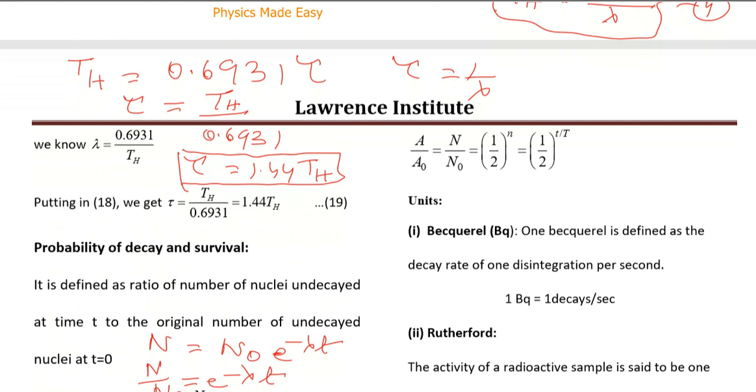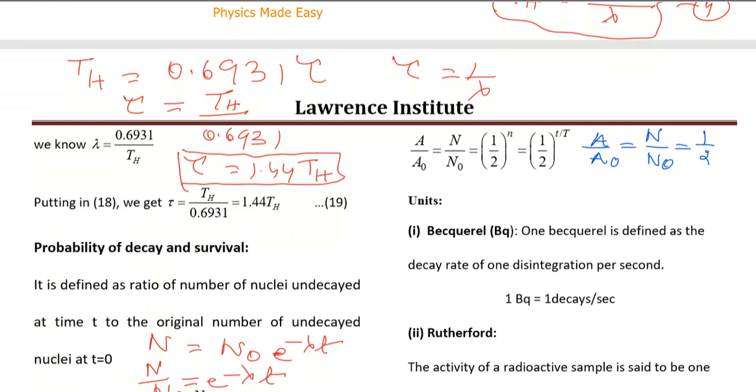And also, the ratio of present activity to activity at the time of creation of the sample is equal to the ratio of the number of active nuclei to the number of active nuclei at the time of creation of the sample.